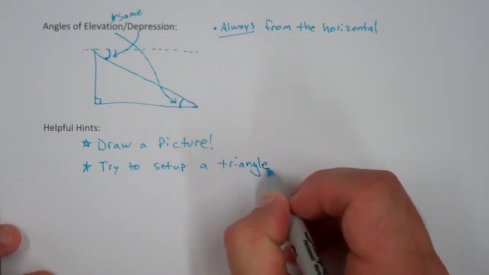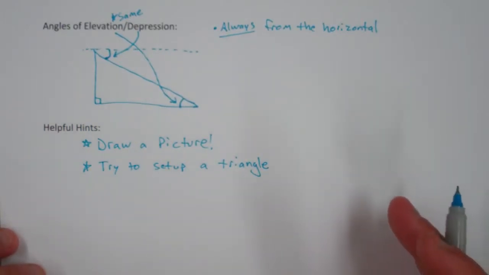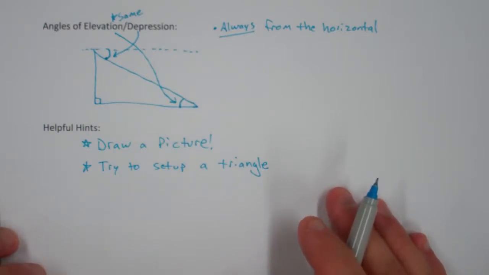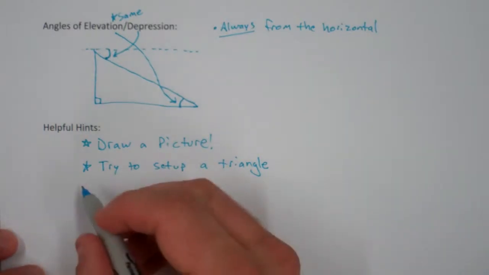This unit is all about trigonometry, so with these types of problems we're going to be looking for a triangle. If we can set up a right triangle, that's great. If we can't, there's still things that we can do, so no worries there either.